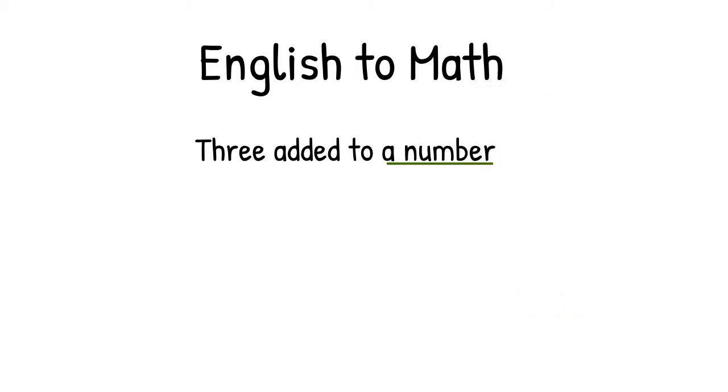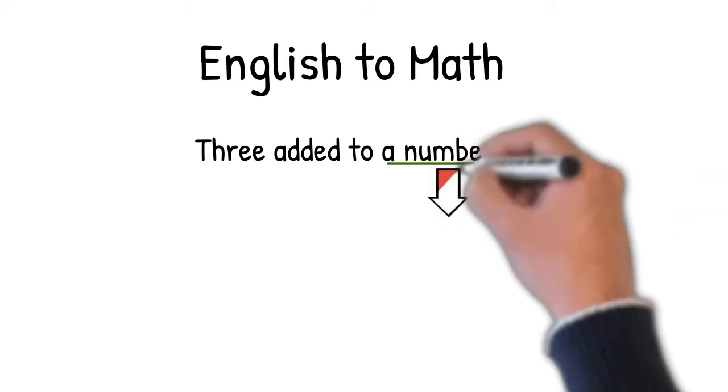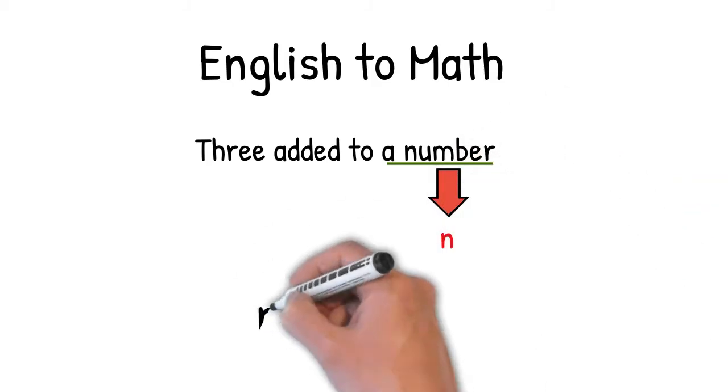We have a number. We don't know what this number is. It is unknown. When we don't know a number, we assign it a variable, a letter. I like to use variables that go along with the story. Let's let the variable be n for a number.